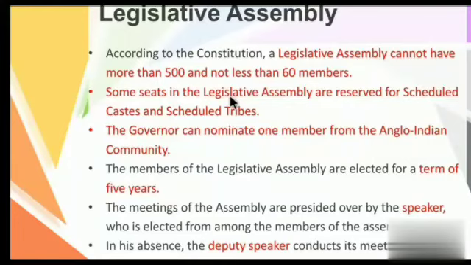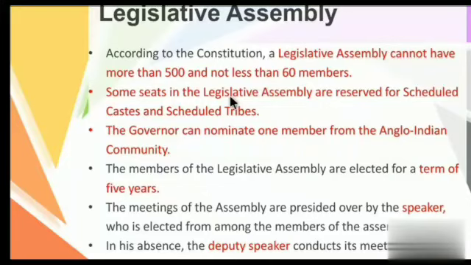According to the constitution, a legislative assembly cannot have more than 500 and not less than 60 members. Some seats in the legislative assembly are reserved for scheduled castes and scheduled tribes, SC, ST. The governor can nominate one member from the Anglo-Indian community.